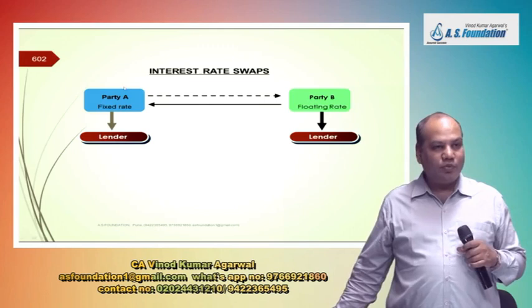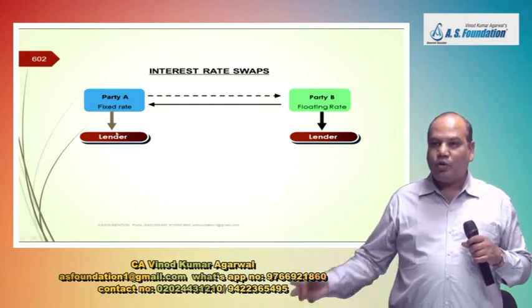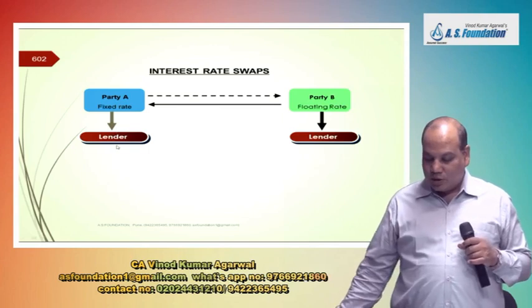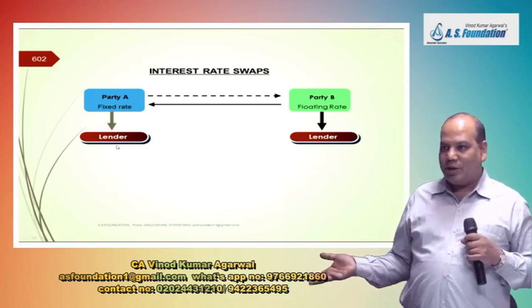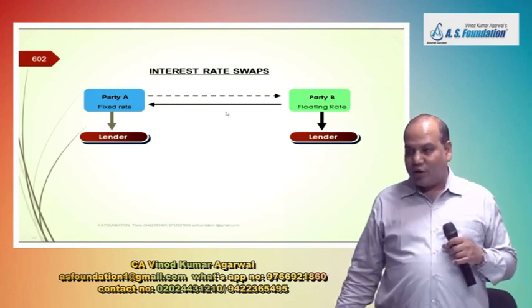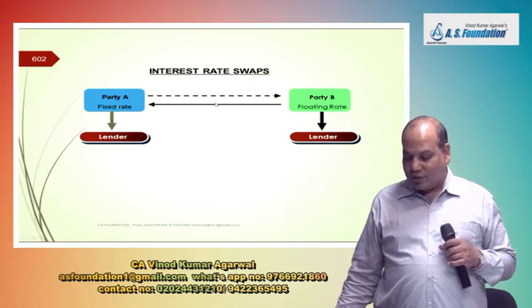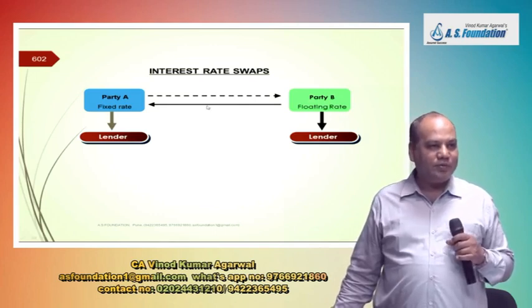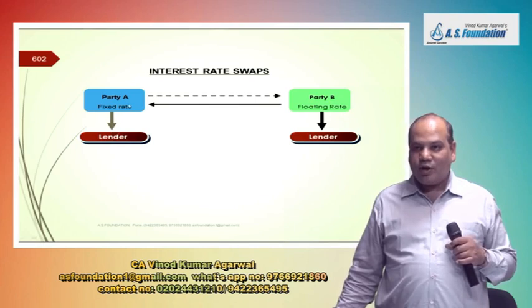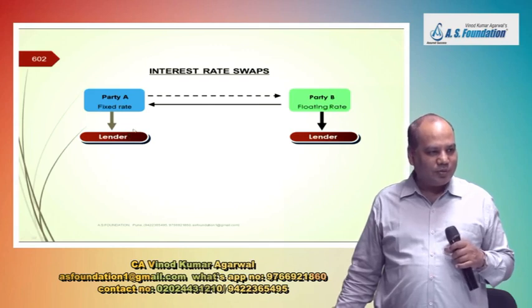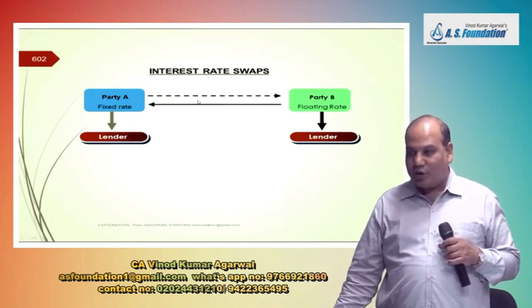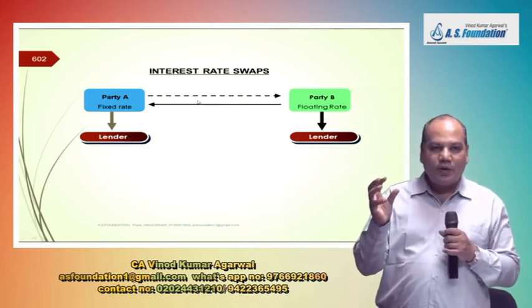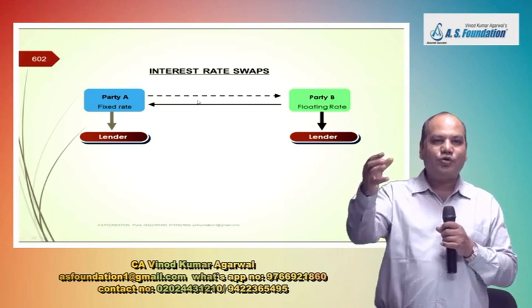So how many entries will you have to pass? One entry you have to pass for loan taken, usual entry. One entry you have to pass for interest paid to lender, again a normal entry. And then one entry you have to pass for the net interest received or paid. Three entries. One entry you have to pass for revaluation of gain or loss on the underlying instrument, fair value gain or loss on asset or liability, and one entry you have to pass for change in the fair value of interest rate swap.